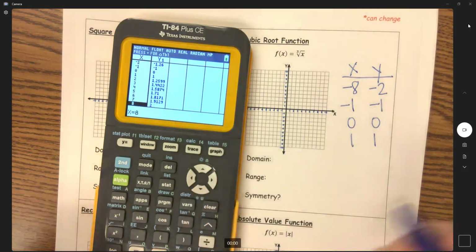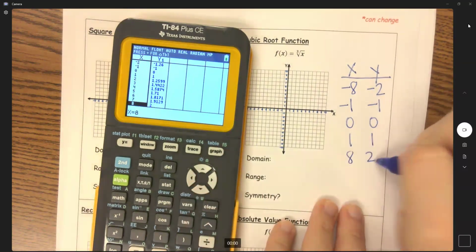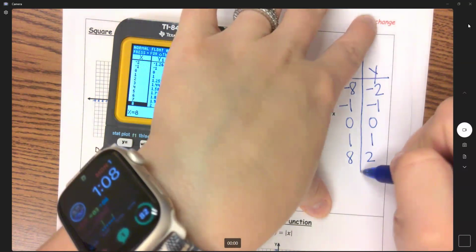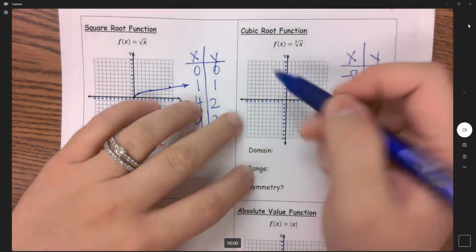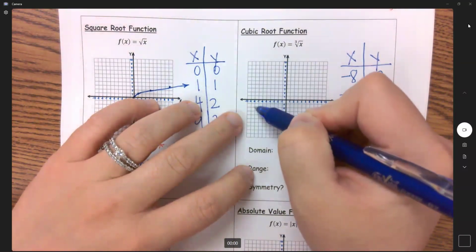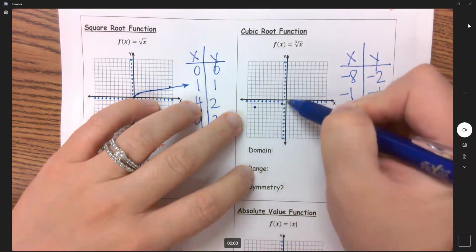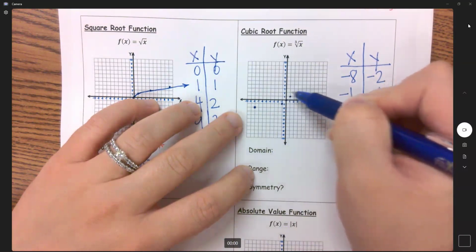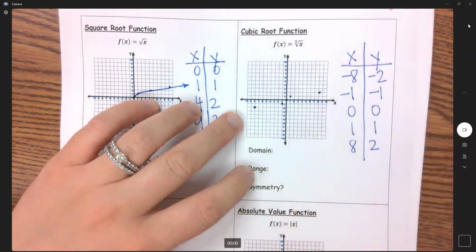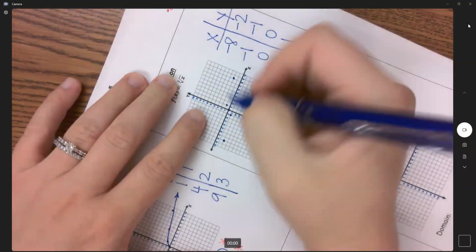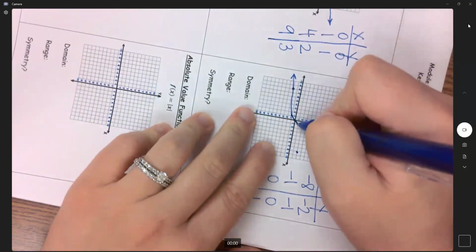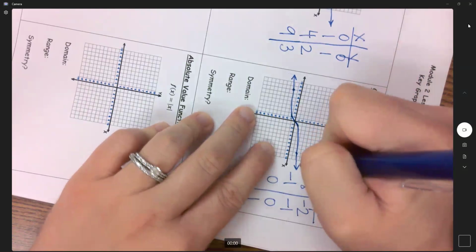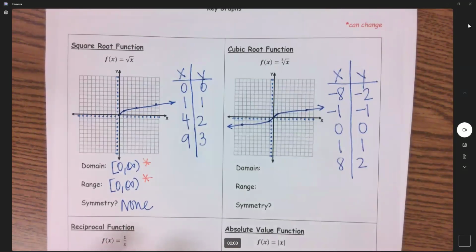And then we have 8, 2. So plotting these. And then we can connect them. Okay, so there's my graph.